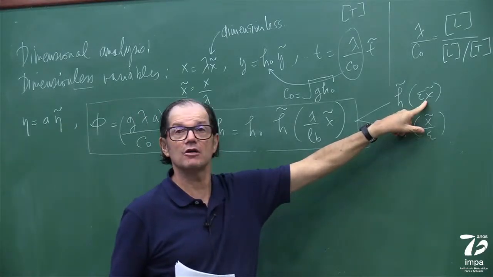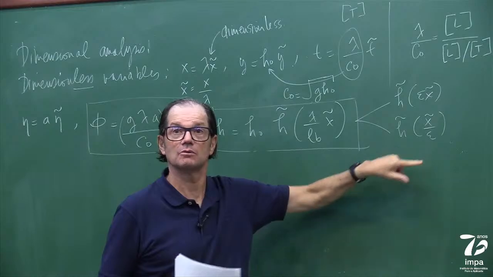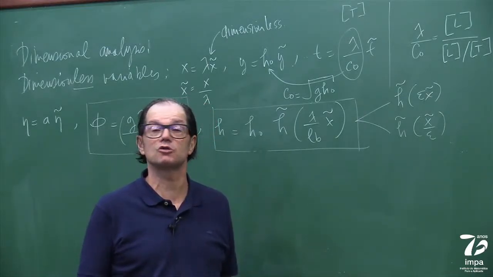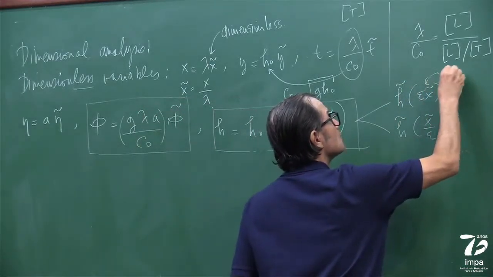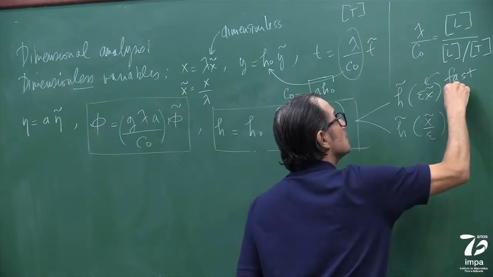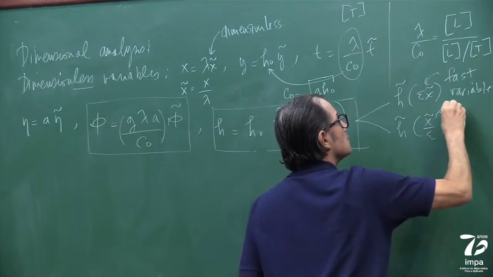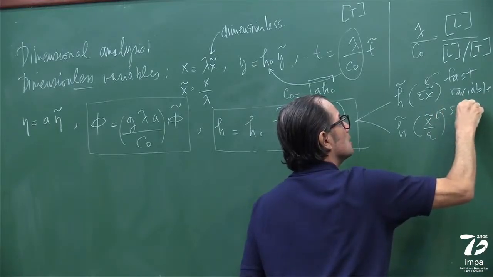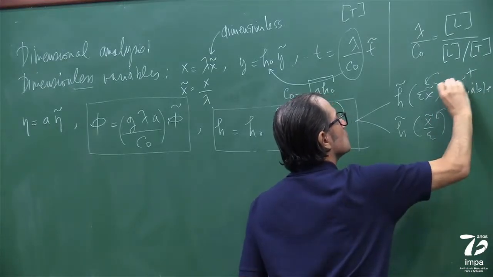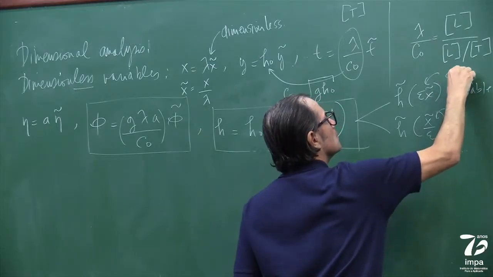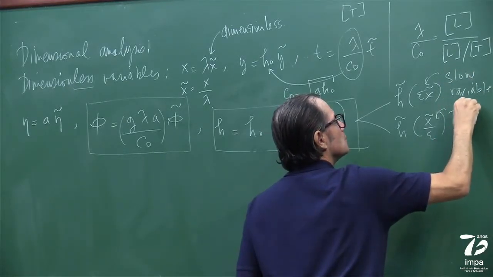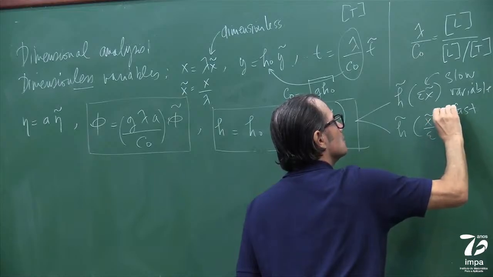This is a slow variable, and this is a fast variable. We're going to use this when we do multiple scales.